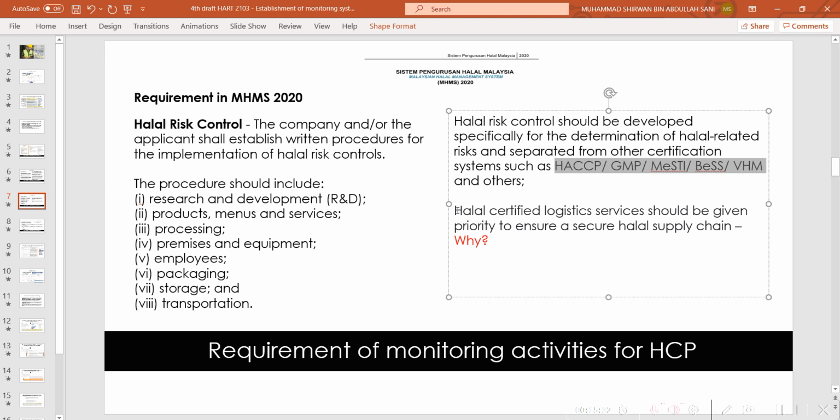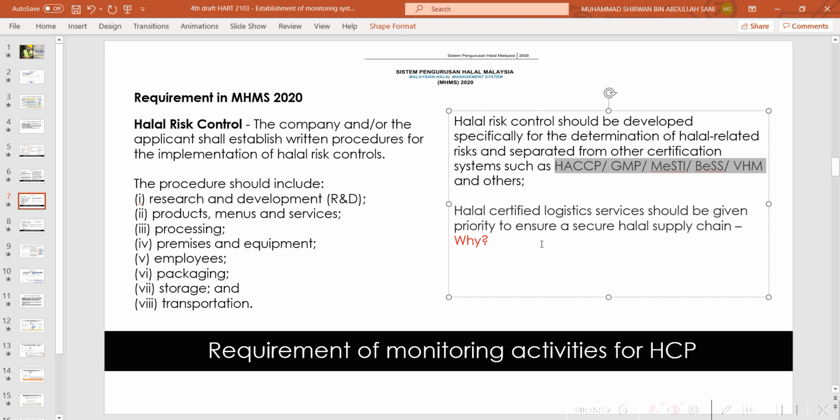And then the second part is saying we need to prioritize any company that has halal certified logistics, right? So for your information, for now, in halal certification, it's not compulsory to use halal logistic companies to transport or to warehouse to store our products and services.